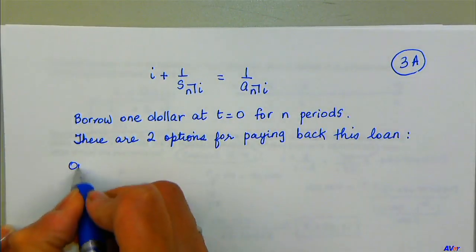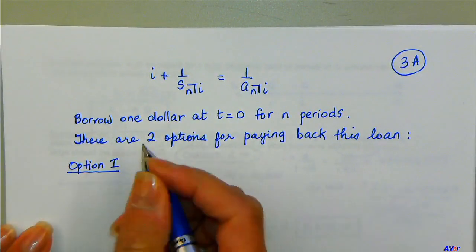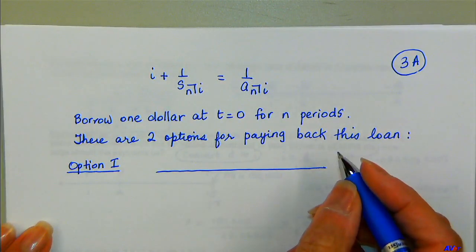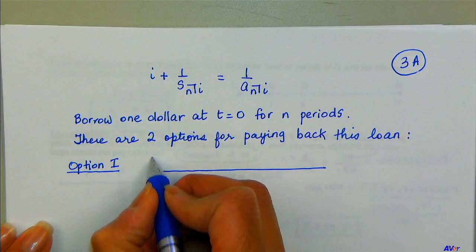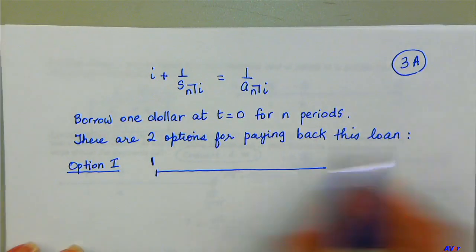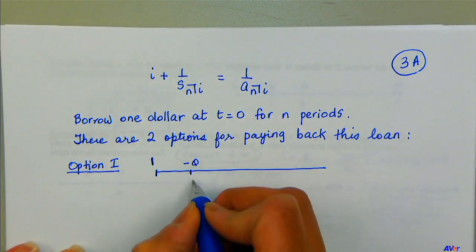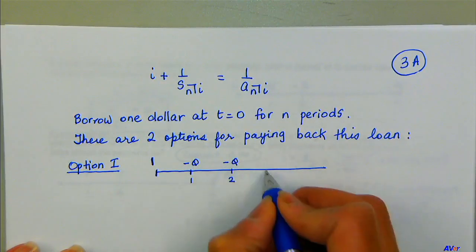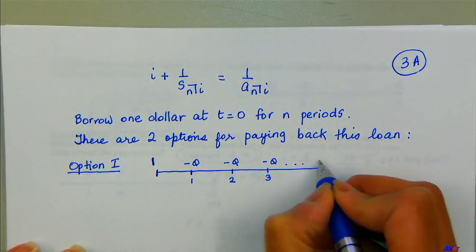Option 1: here's the $1 that I borrowed. The $1 comes into me, and I pay back some amount at time 1, some amount at time 2, some amount at time 3, ... some amount at time n.